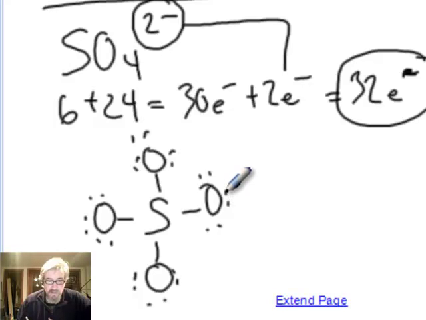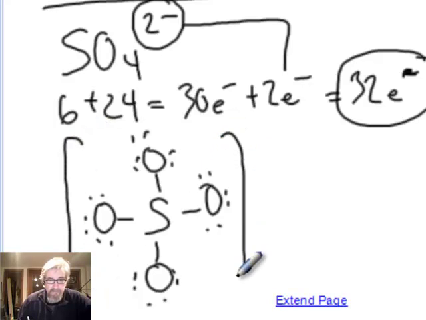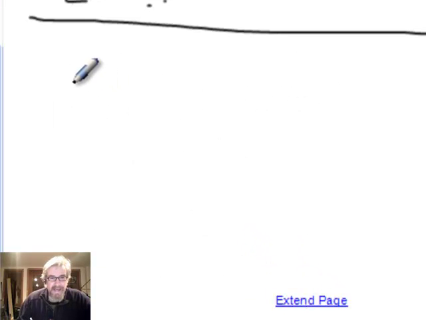So with 4 oxygens, that makes 6, then 12, then 18, then 24. And then I count the electrons in the bonds, 26, 28, 30, 32. So that's the correct number of electrons. Now this is a polyatomic ion, so I'm going to put brackets around it and put its charge, which was 2-.